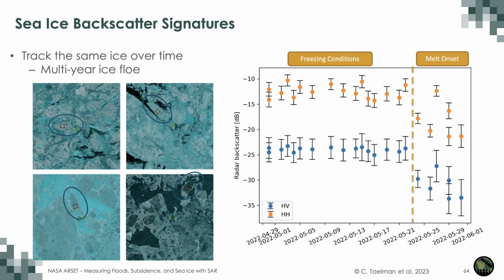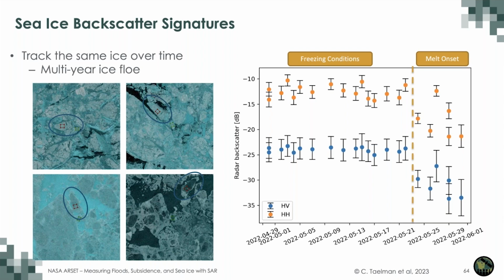This is a multi-year ice floe, and we're using Sentinel-1 images. And to the left here, you can see we have freezing conditions, and to the right, we have melting conditions. And the blue dots are indicative of the HV backscatter values, and the orange one of the HH. So you can see in the freezing conditions, things are pretty stable. We don't have that many changes, but we start seeing an obvious change when we go to the melt season.